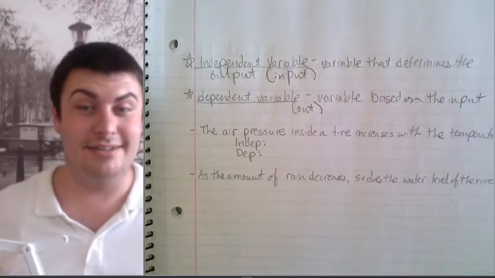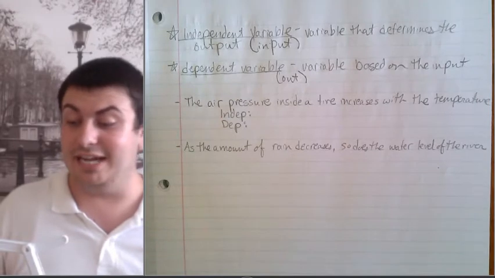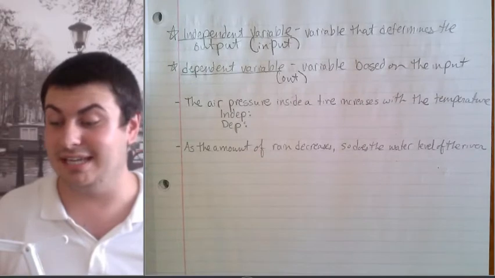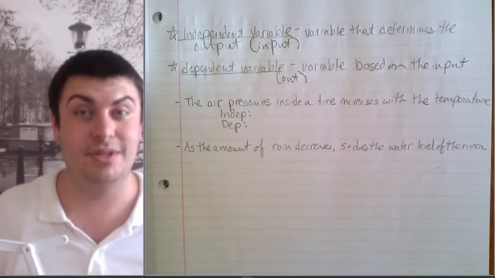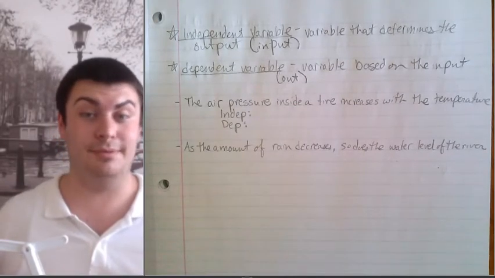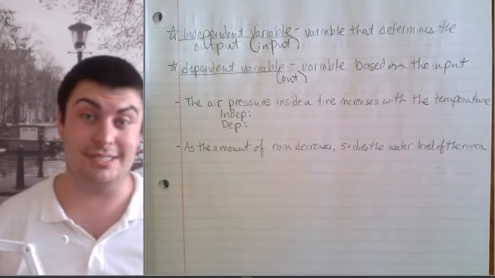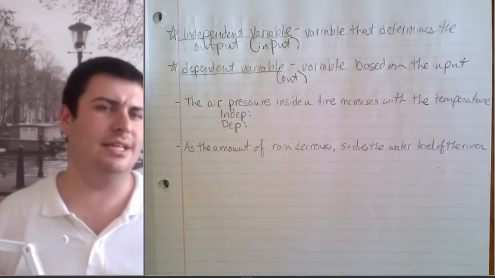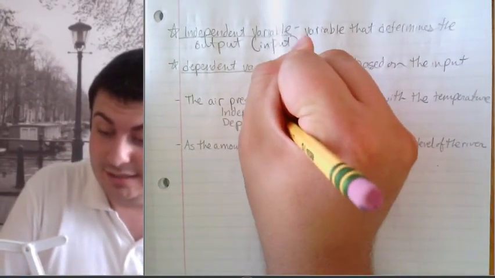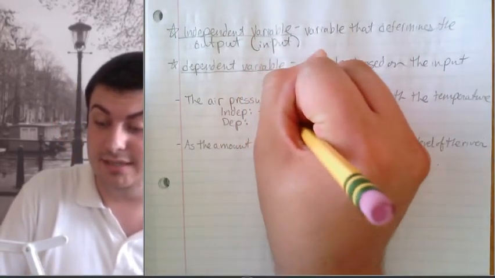So let's look at some scenarios and identify what the independent and dependent variables are. So if the air pressure inside of a tire increases with the temperature. So let's think, if the air pressure goes up when the temperature goes up, or the air pressure then also would go down when the temperature goes down, what is causing another thing to change? Our independent variable, the change, is going to be the temperature, and our dependent variable is going to be the pressure.